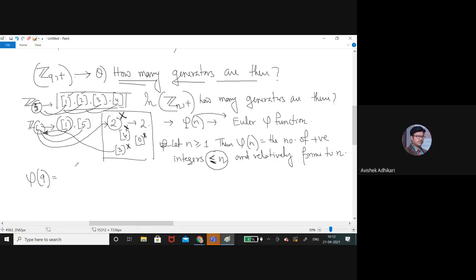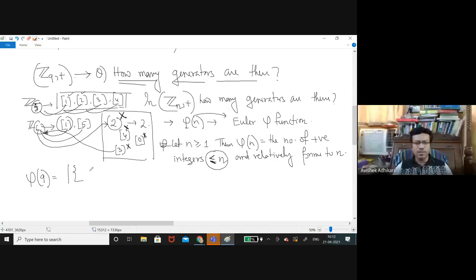What are they? 1 is relatively prime to 9, 2 is, 4 is, 5 is, 7 is, and 8 is relatively prime to 9. The cardinality of this set is 1, 2, 3, 4, 5, 6. That's why the value of phi of 9 is 6.